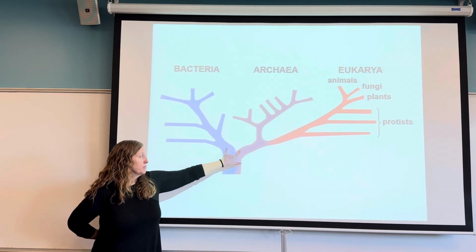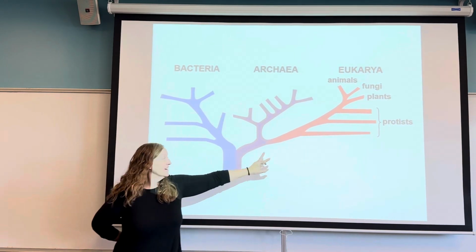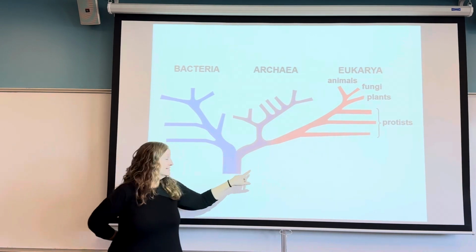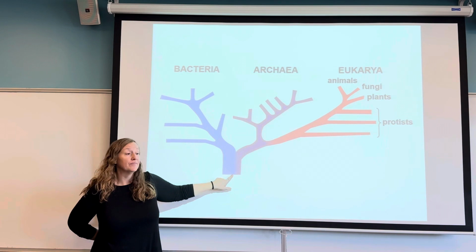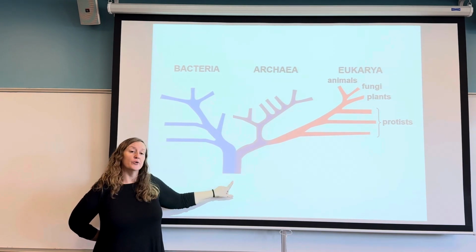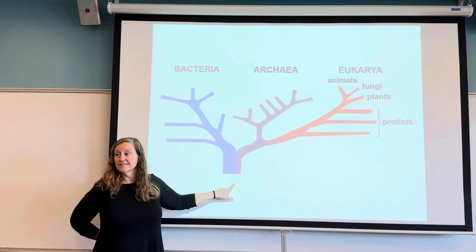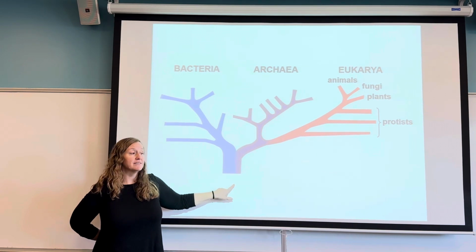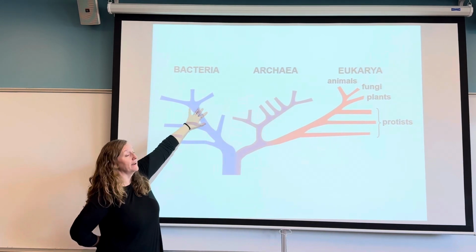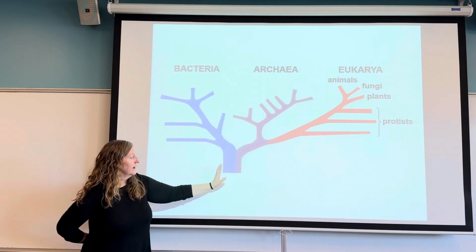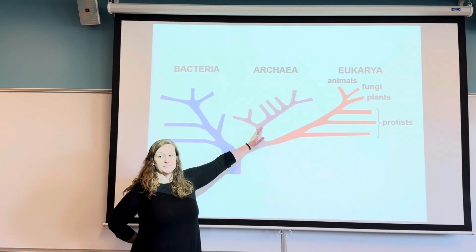We get 2 groups. Notice the Eukarya does not come off of the common ancestor. They evolve later. So from our prokaryotic, no nucleus, single-celled common ancestor with not so many organelles, you get the whole domain of bacteria and you get the archaea.